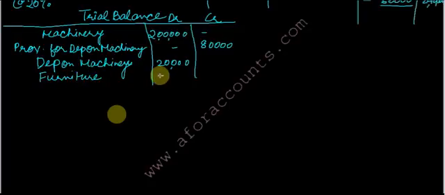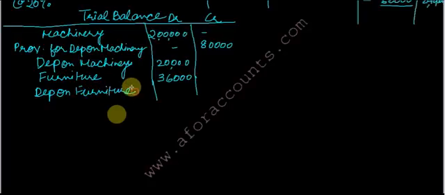Furniture account also has a debit balance, 36,000. Asset, so it has a debit balance. And then depreciation on furniture is also given here, means the entry has been passed. So depreciation on furniture, I can see it in my trial balance and not in the additional information, is 4,000.